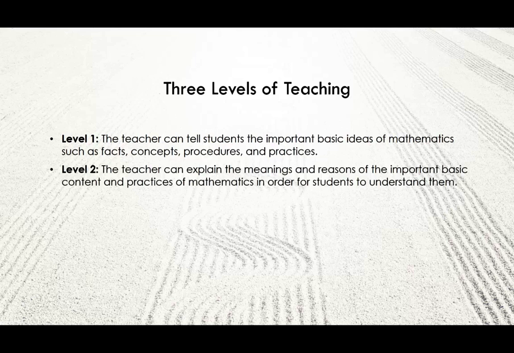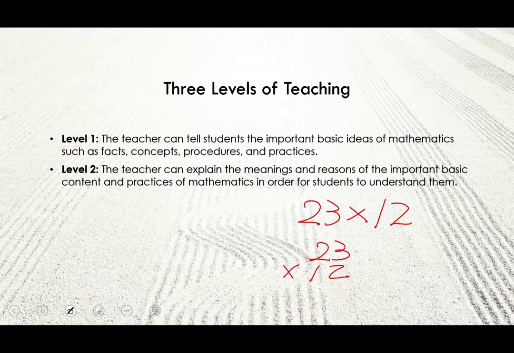However, level 2 teachers can explain the meaning and reason of the important basic contents and the practices of mathematics in order for students to understand them. It's a subtle difference between level 1 and level 2 teachers. For example, a level 1 teacher might say, okay, when you multiply 23 times 12, what you have to do is write 23 and 12 in this way, and then the multiplication sign, and then a bar.